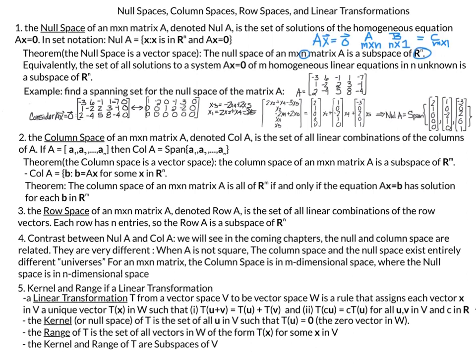I had mentioned it's important to understand why this is in Rn. If we look at our equation Ax equals 0, and A is m by n, remember that when you do matrix multiplication, the dimensions have to match. So this n has to match. And since it's a vector we're multiplying by, the number of columns is going to be 1.